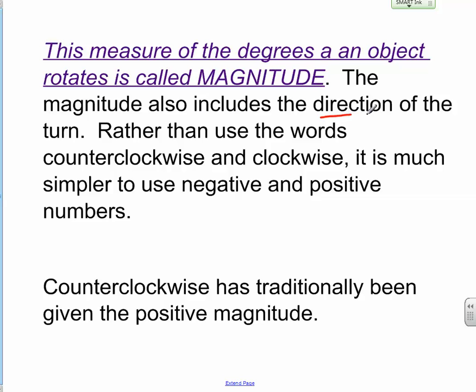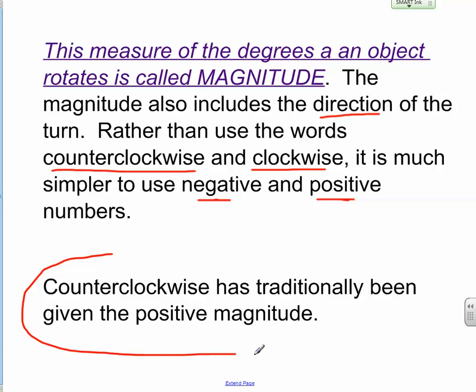So rather than using these big old long words like counterclockwise and clockwise, it's a lot simpler just to use a negative number when it's clockwise and a positive number when it's counterclockwise. And I don't know the history of this, but counterclockwise has just traditionally been given the positive magnitude. And it seems backwards to me.